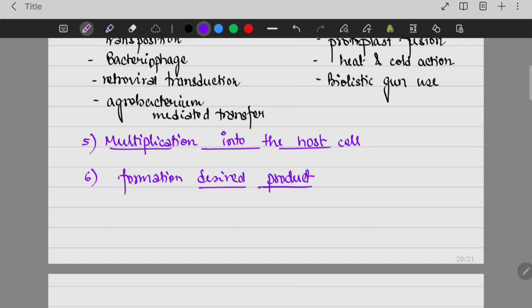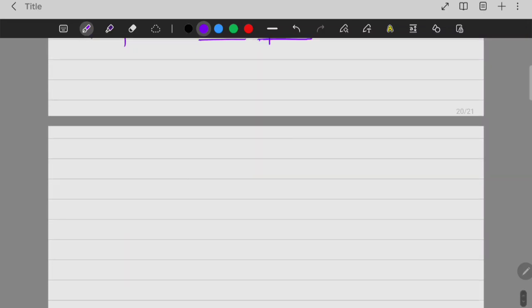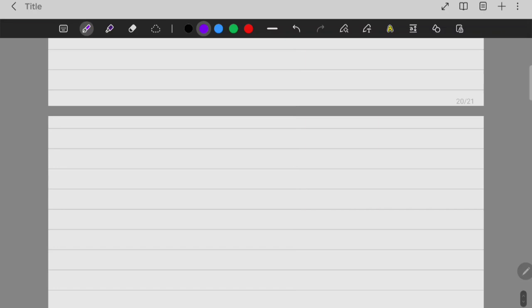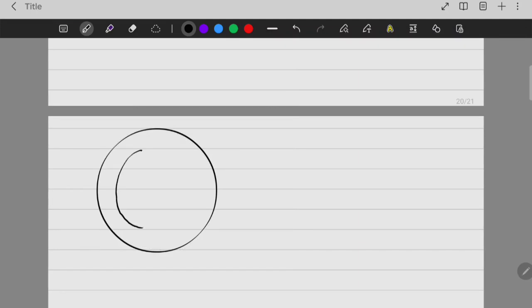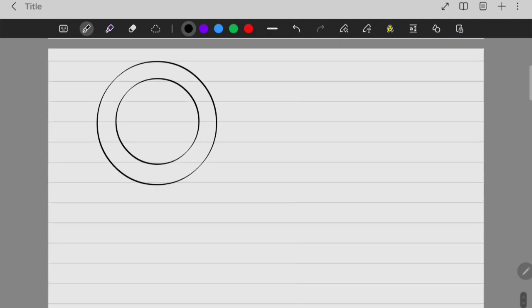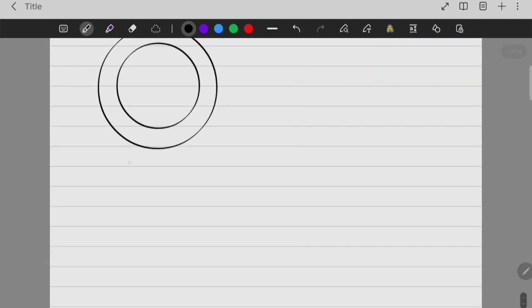Now, as I have explained this, I will explain a specific type of plasmid. So I should draw a diagram here. This is known as PBR322.